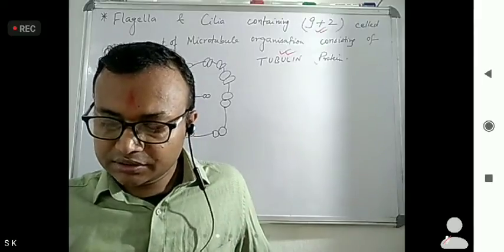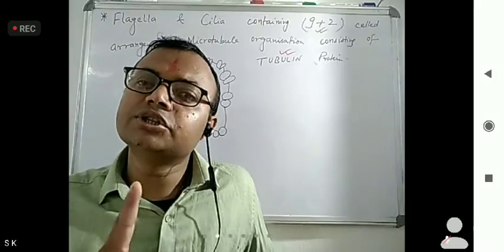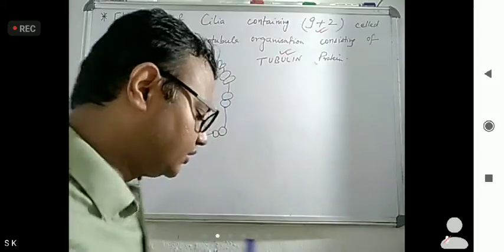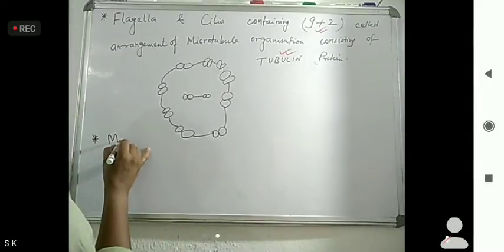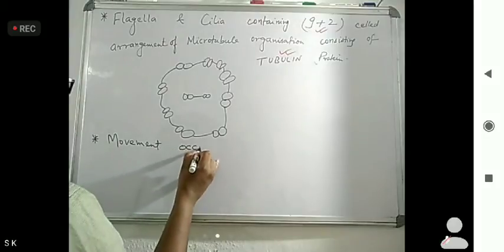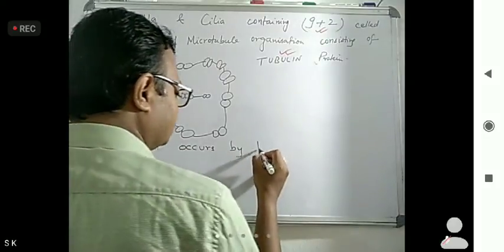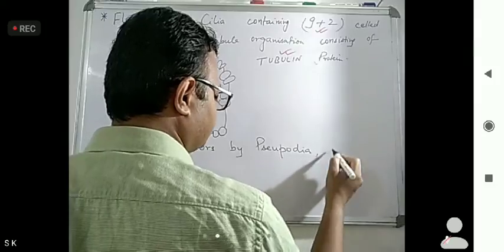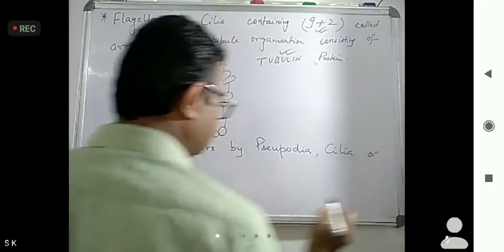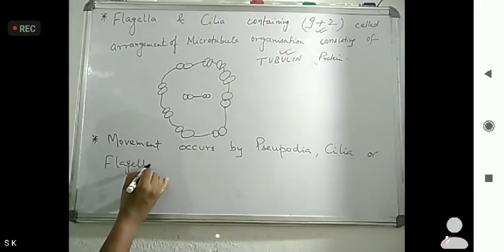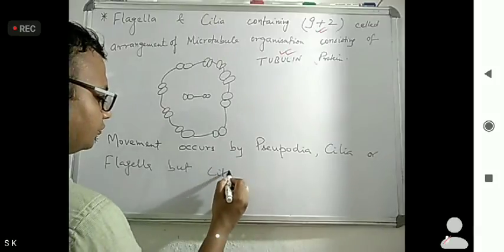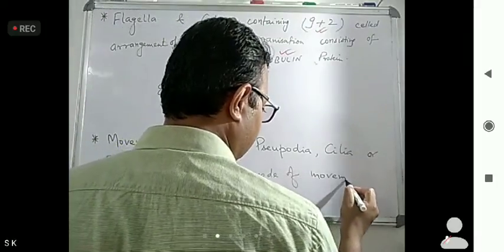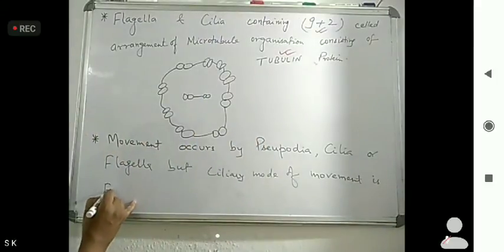Okay, now already what we told, movement occurs, and movement occurs by what? These flagella, cilia, or sometimes pseudopodia are also present, but the ciliary mode of movement is fastest.